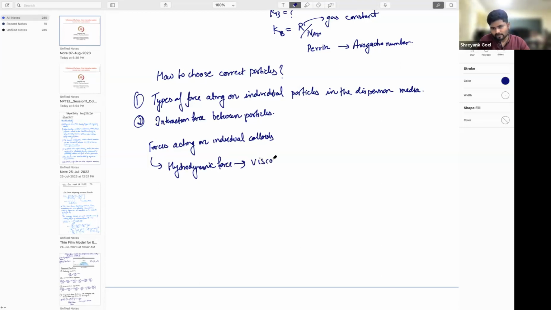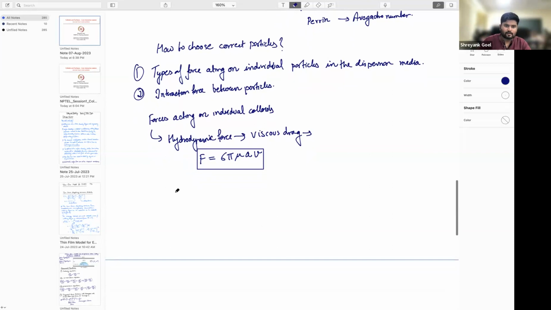So F comes out to be 6 pi mu r v, where r is the radius of the particle and v is the velocity. So that is the drag force.